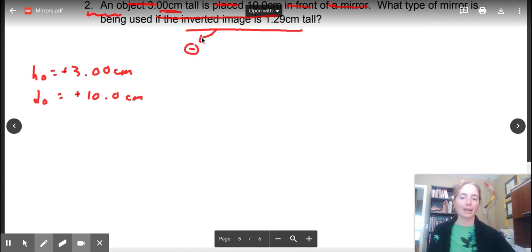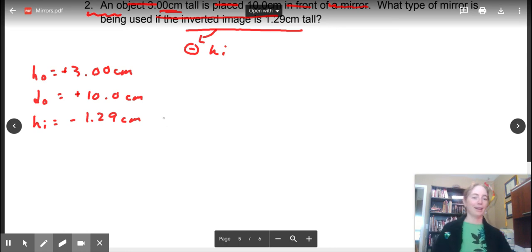Now remember, inverted means that we are going to have a negative number for our HI. So we have the height of the image, which is going to be negative 1.29 centimeters.